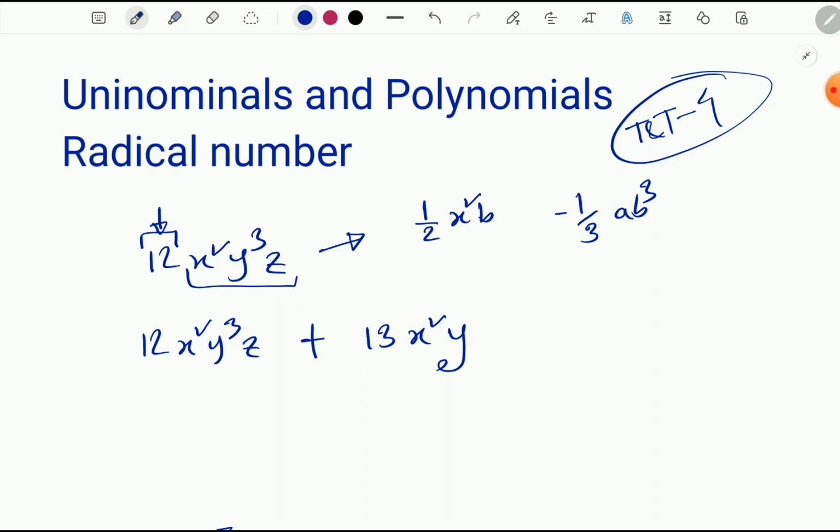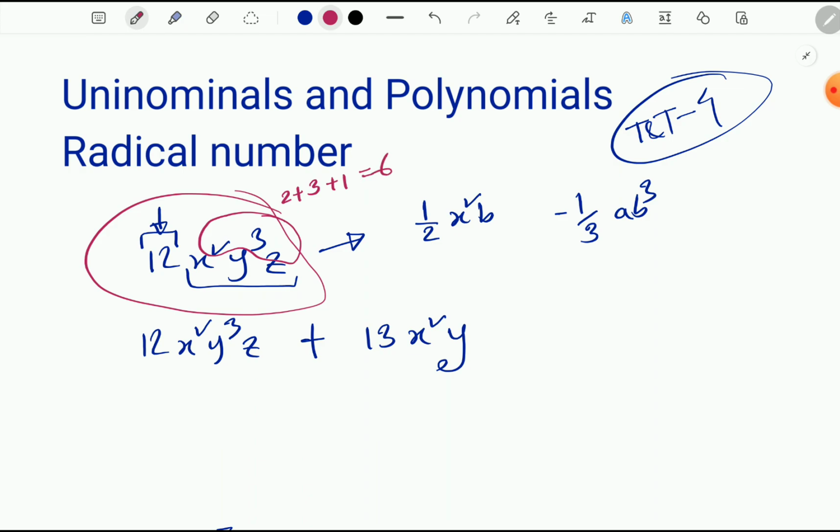So what is the degree of a monomial? In particular, if you are looking for the degree, then you have to sum all of the powers of the variables. Here x has power 2, y has power 3, z has power 1. So the total is 3, 2, and 1, which is 6.